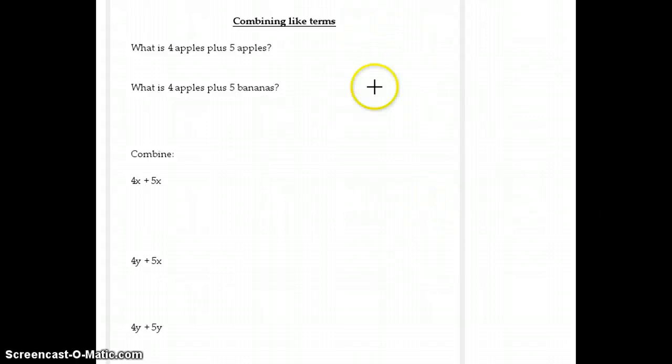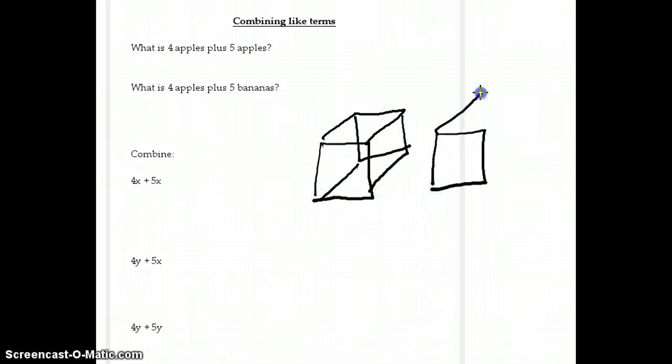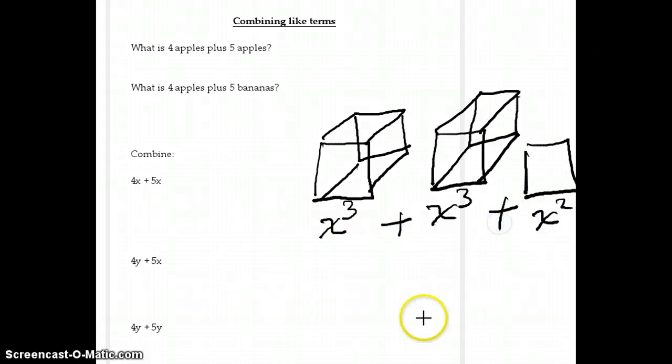One last example. We have a cube. We have a second cube. If I was to add a 2-dimensional figure, can I add those together?